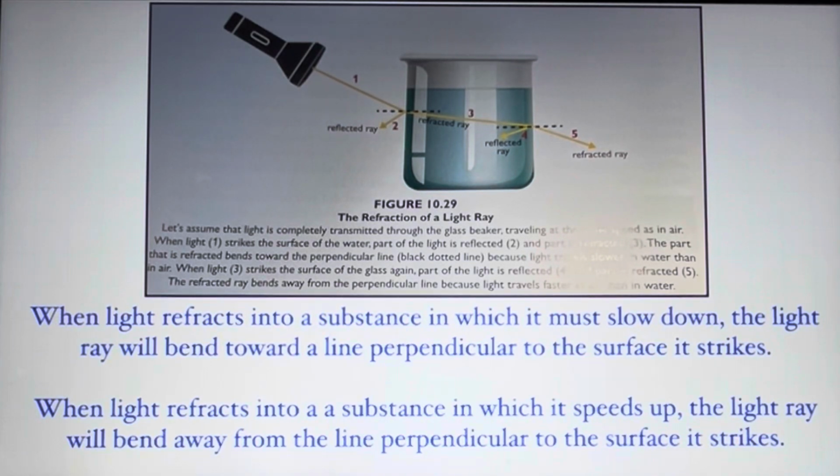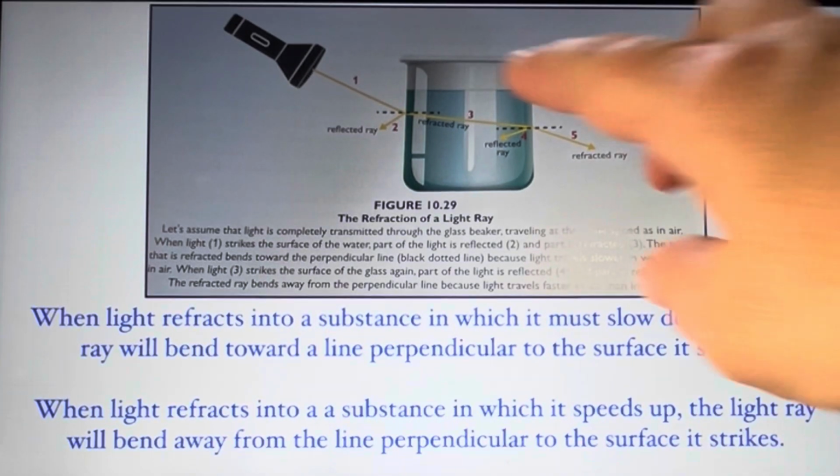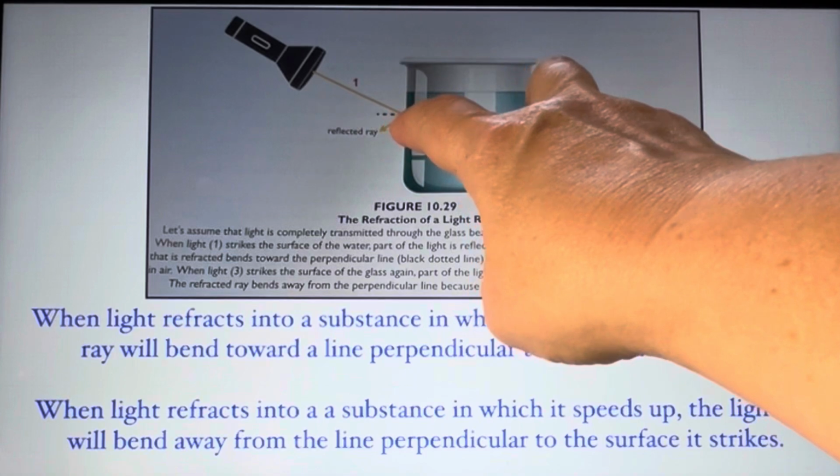So figure 10.29, let's assume that light is completely transmitted through the glass beaker, traveling at the same speed as in the air. When light strikes the surface of the water, part of the light is reflected and part is refracted. The part that is refracted bends toward the perpendicular line, which is the black dotted line. So here we have the perpendicular line.